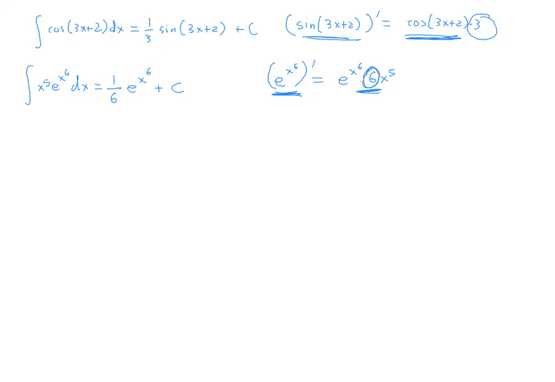That's pretty much it. I will do one more example. Let's ask ourselves what the antiderivative of the third root of x plus 1 is.